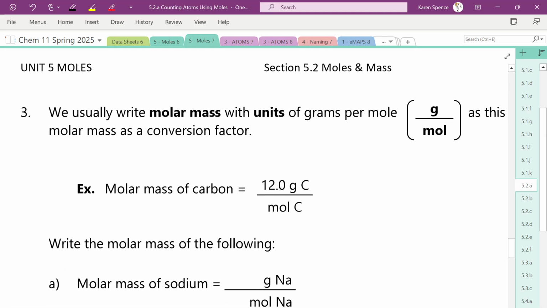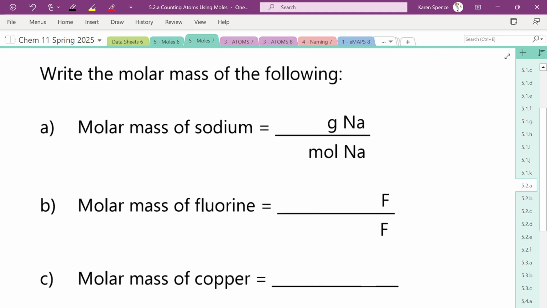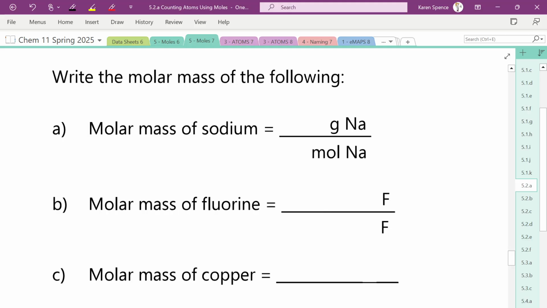Let us take a look at question 3 on the next page. Let's write the molar mass of sodium. What is the molar mass of sodium? 23.0 grams per how many moles? 1 mole.